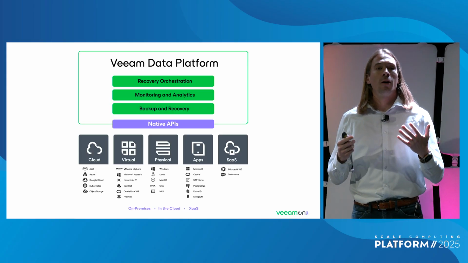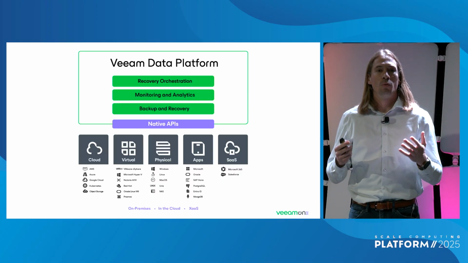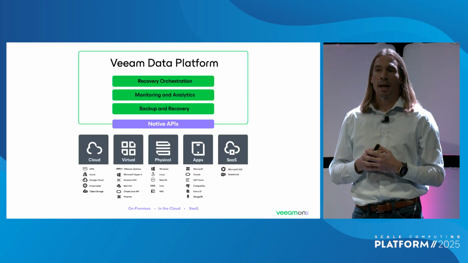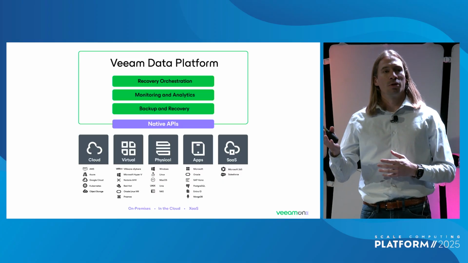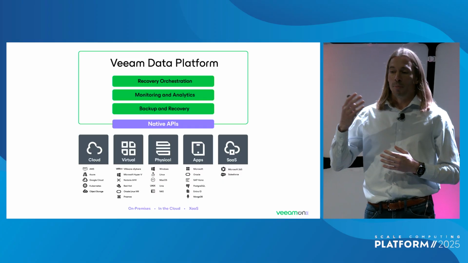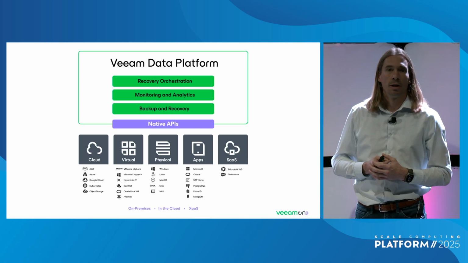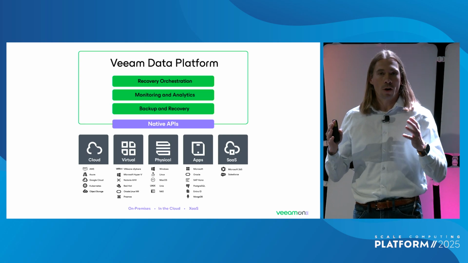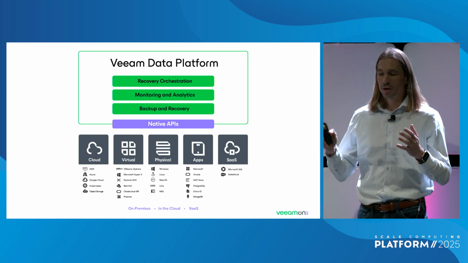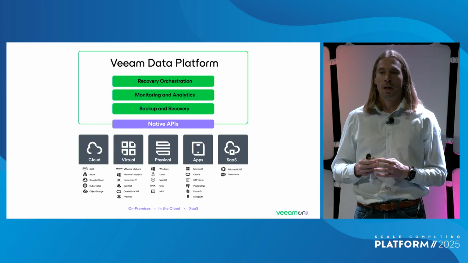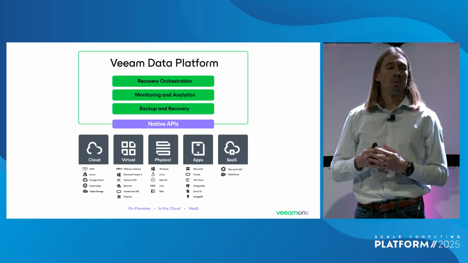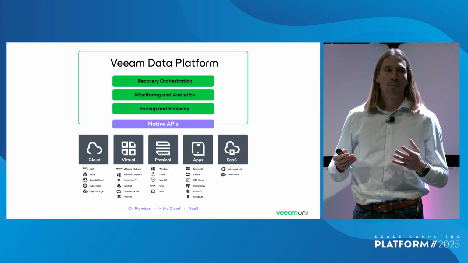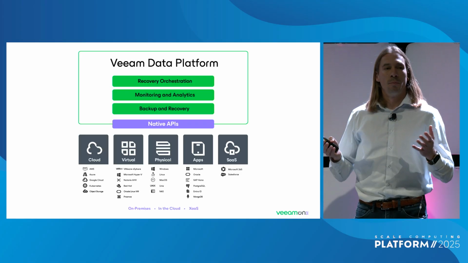So when I think of our product set, we talk about the Veeam Data Platform, being able to protect workloads, being able to monitor and report on them, being able to orchestrate mass recoveries. What are these workloads? You can see on screen: cloud, virtual, physical, application, software as a service. We've always been known for what we've done with VMware, Hyper-V, many other hypervisors.